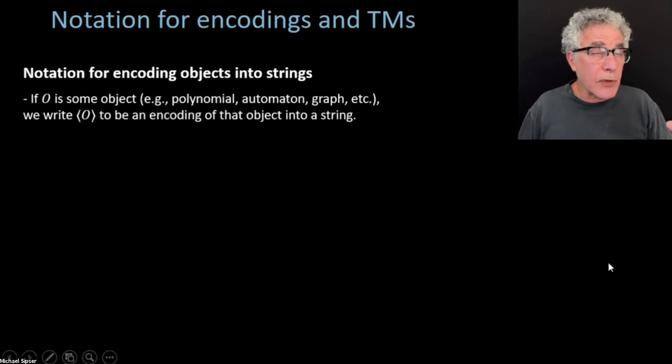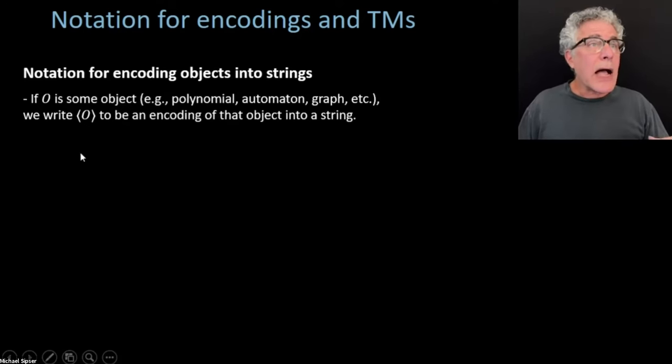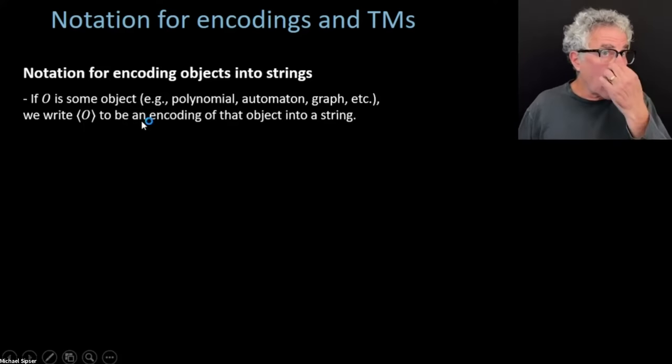We're just going to develop a notation that says, if you have some object, O, it could be a polynomial, it could be an automaton, it could be a graph, it could be whatever you're working with, a table, I'm going to write that O in these brackets to mean an encoding of that object into a string. And then you can feed the string into the Turing machine.